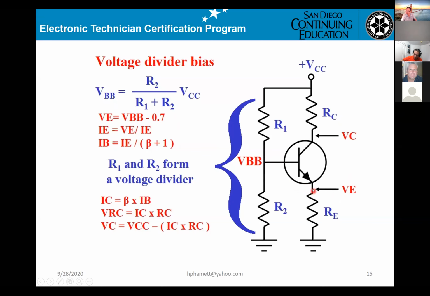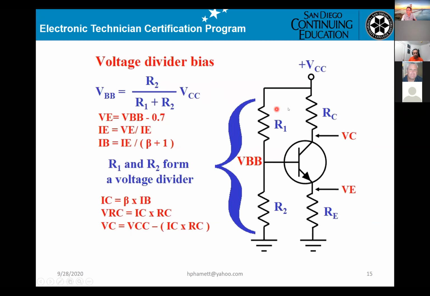After you get the VE, you want to calculate the current IE. Take VE divided by RE. That's what they show here. Okay? And now if you want IB, using this formula, IE divided by beta plus 1. And if you want to calculate IC, you use beta times IB.